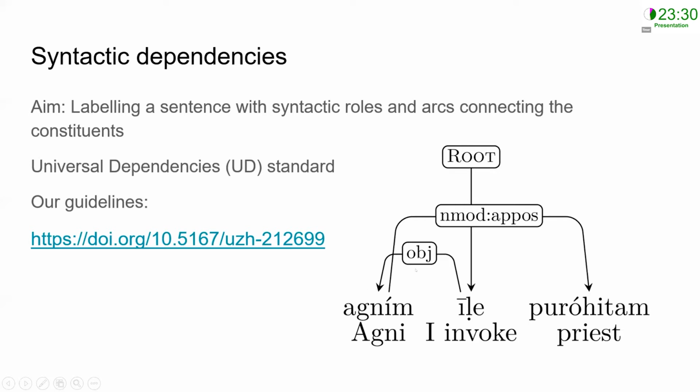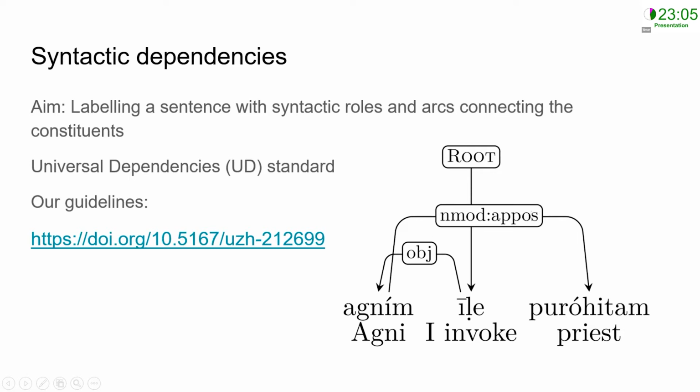And therefore, you draw an arc between ide and agnim and label this arc with the label object. And now agnim again has another apposition, a nominal modifier, purohitam, and you draw an arc from agnim that goes out to purohitam that indicates in which relation they are.